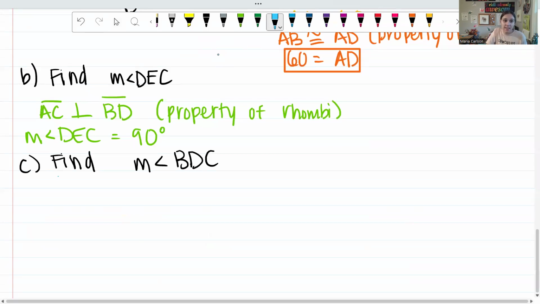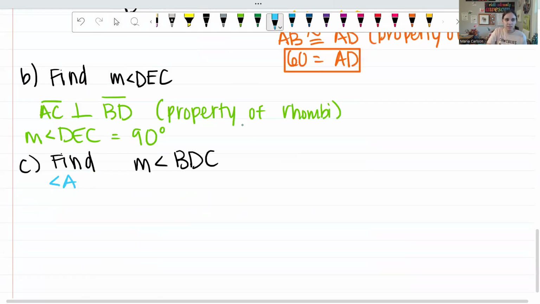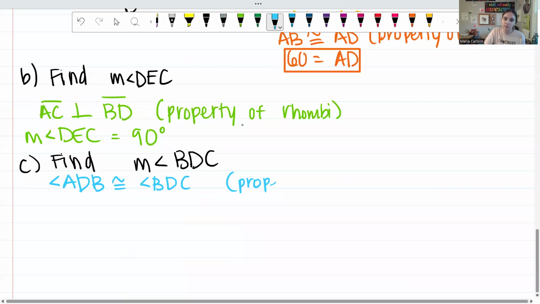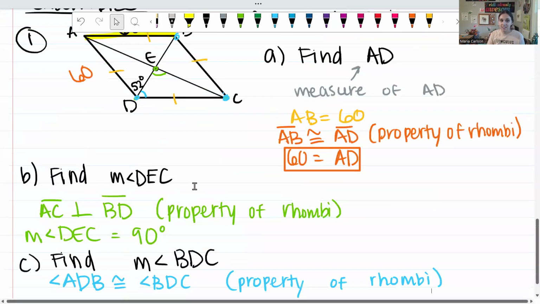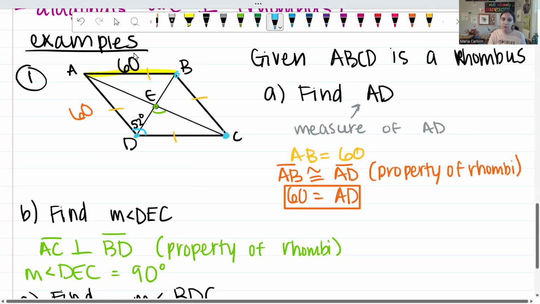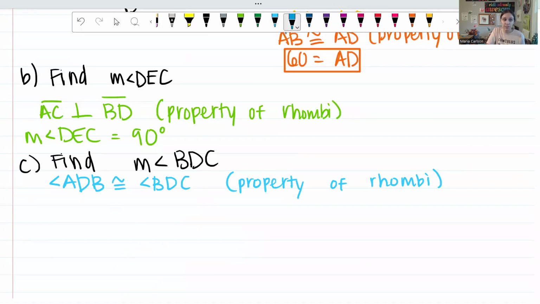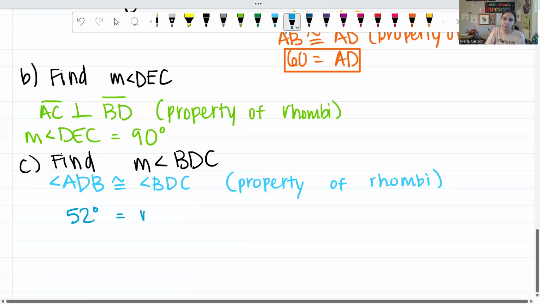We know ADB is congruent to angle BDC because that's a property of being a rhombus. We know that the diagonals bisect the opposite angles. So ADB has to be congruent to BDC. So I know then that ADB, that's 52 degrees. So that is our measure of angle BDC.